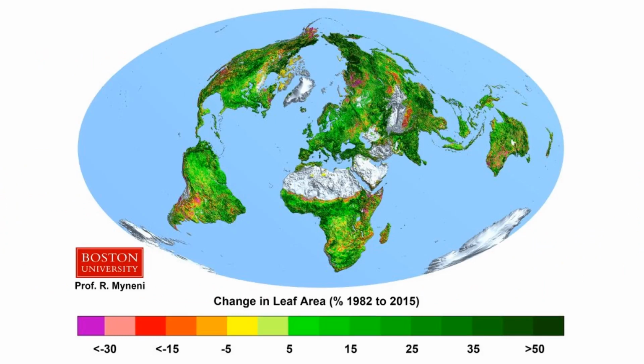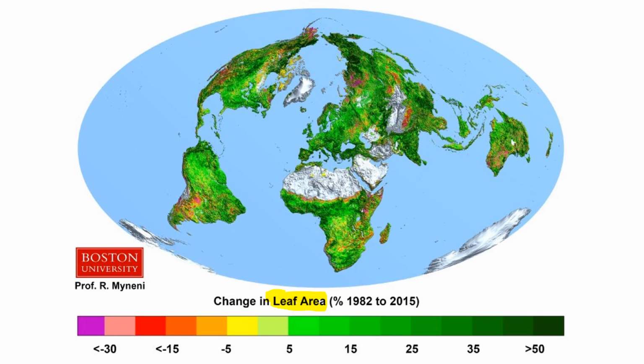Now, what happens to nature if temperature changes and if we have a carbon change? The interesting thing is this map, and this map shows us how large the leaf areas are. So how many leaves could we see from the satellite?